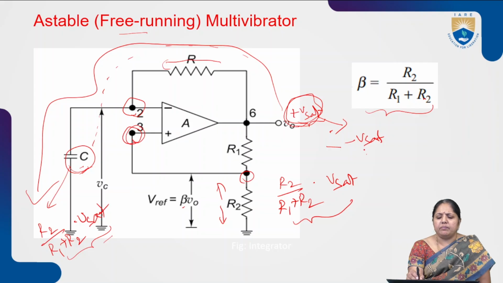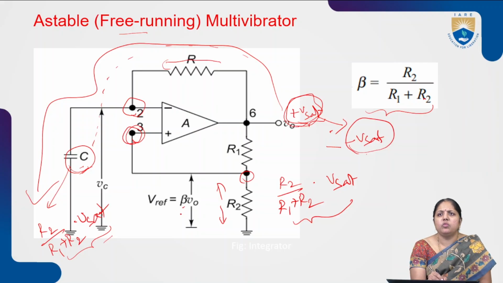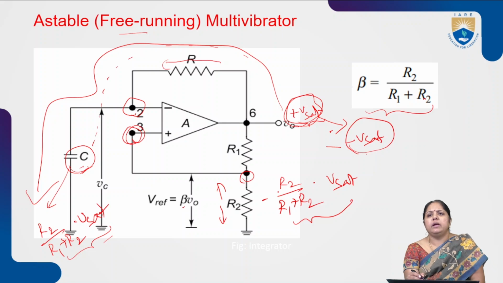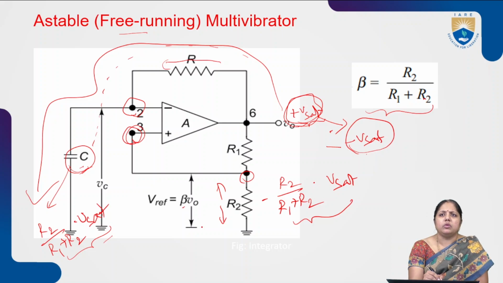Now when the output voltage is minus Vsat, what is the reference voltage? The reference voltage becomes R2 by R1 plus R2 into minus Vsat. Taking the minus to the front, it is minus R2 by R1 plus R2 into Vsat, the voltage across R2.